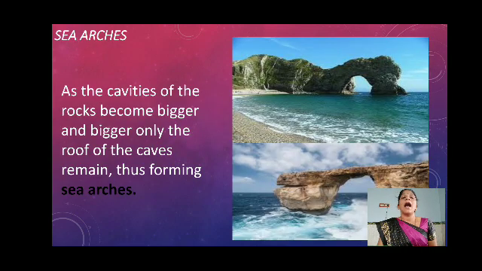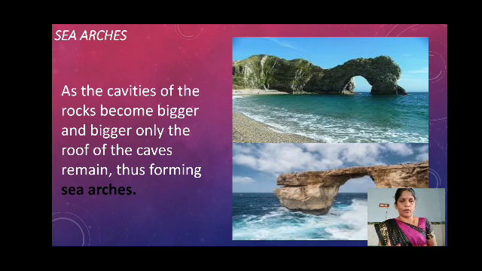The cavities or the hollow means what? A small gap, a hole. As the cavities of the rocks become bigger and bigger, only the roof of the cave remains, thus forming sea arches. Now what will happen?